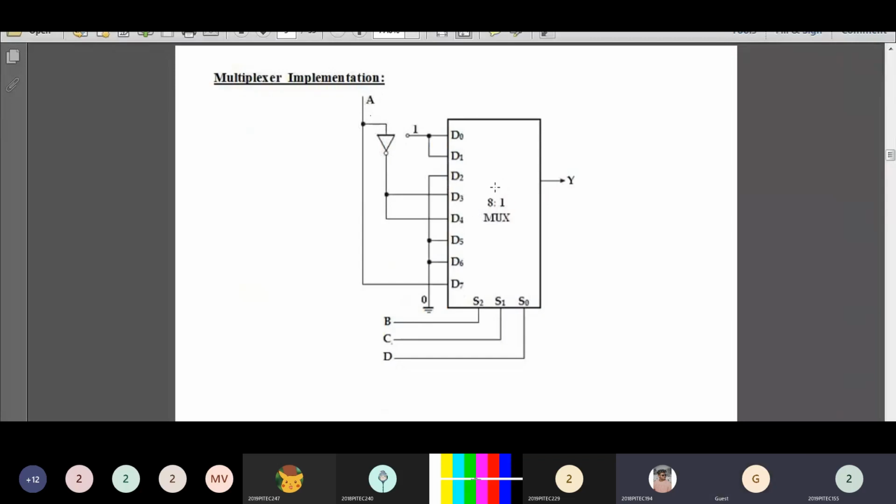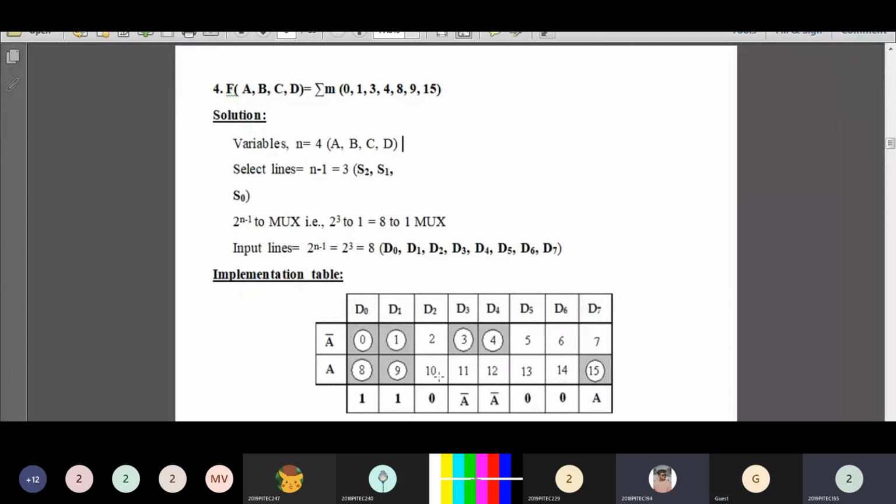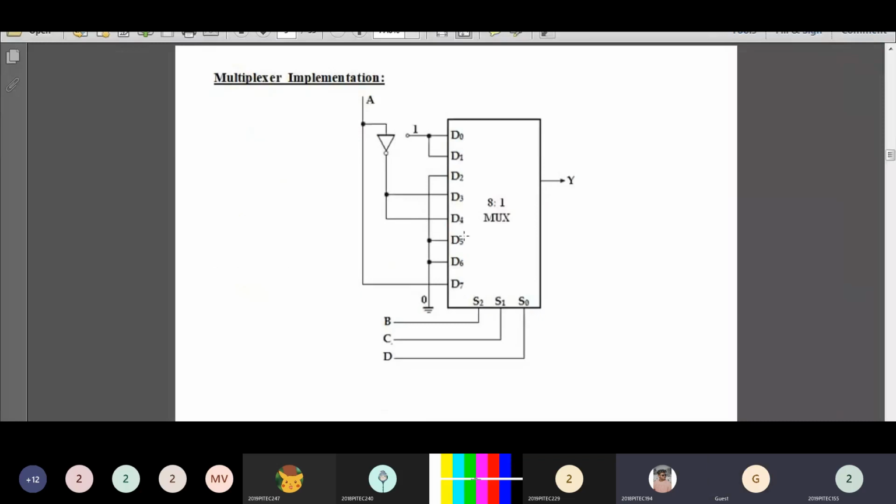Next one, what is the value of D2? The values of D2, D5 and D6 are 0. The value of D2 is 0, D5 is 0 and D6 also 0. So the three input lines should be connected to 0. D2, D5 and D6 are connected to 0.